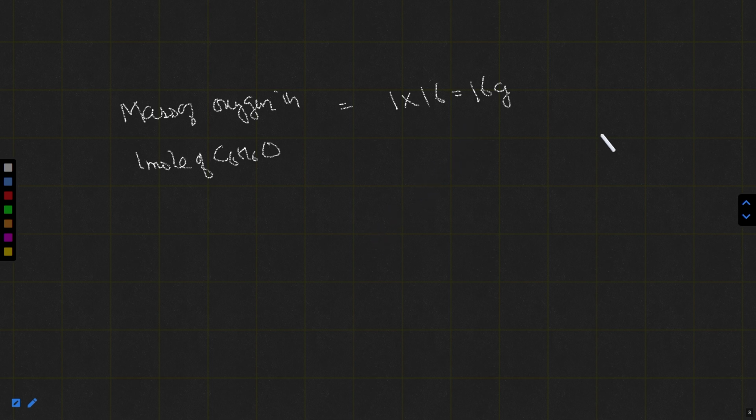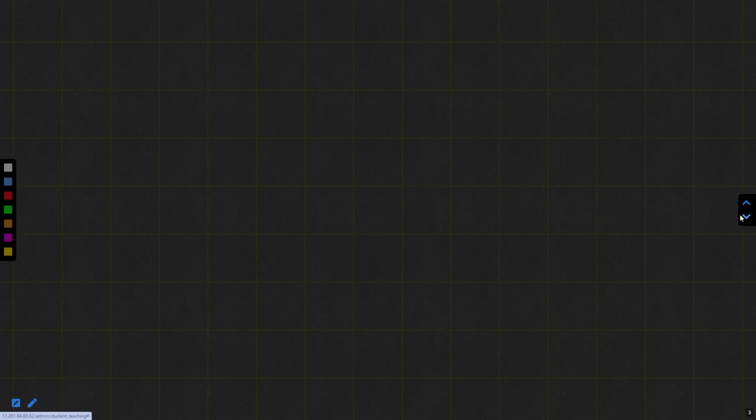Now next, what we were calculating? We are calculating the mass percentage. So the mass percent of carbon would be: how much was calculated? It was 24, divided by the total mass. The total mass would be 24 plus 6 plus 16, multiplied by 100.